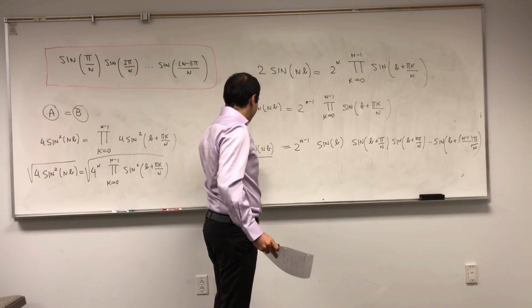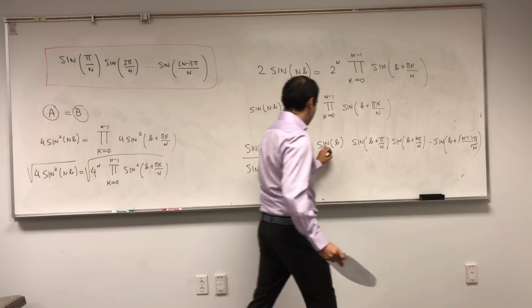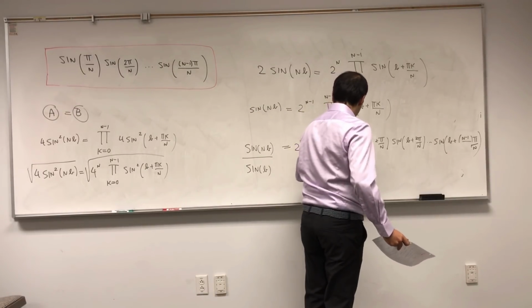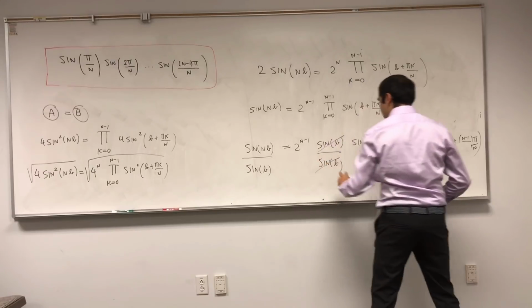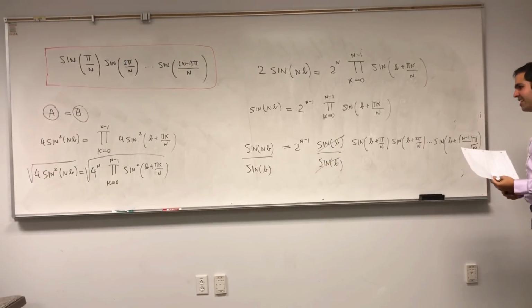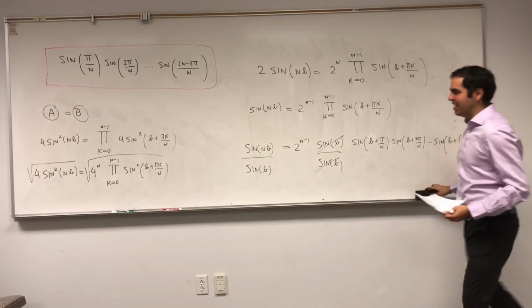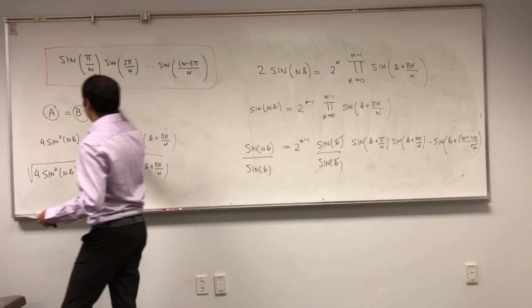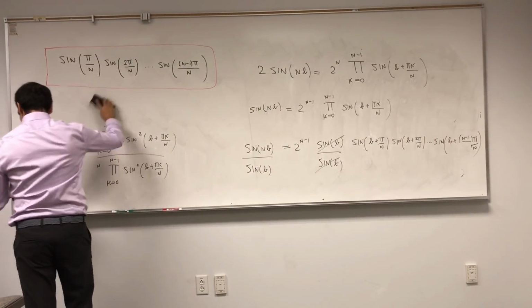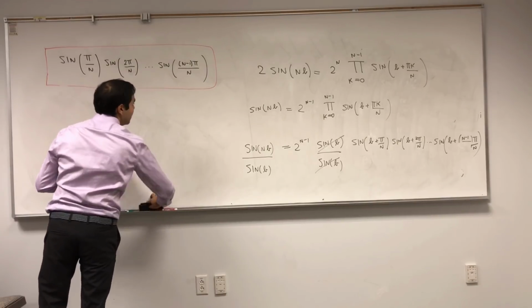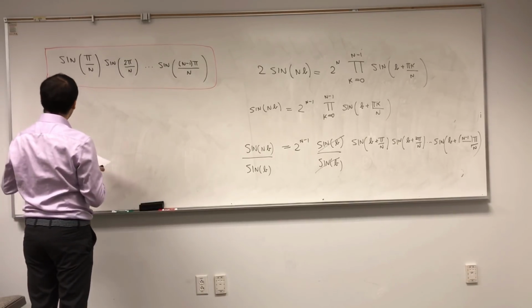So let's divide this by sine of b. So we have this thing here. And well, as I said, if you let b go to 0, this goes to what we want exactly. And well, let's see what happens here. So I guess that's our last step. Step 4.